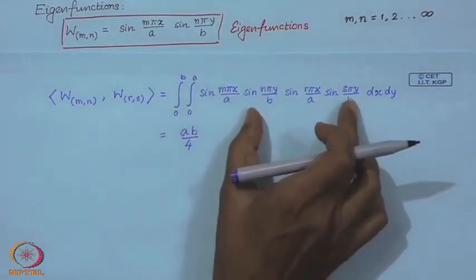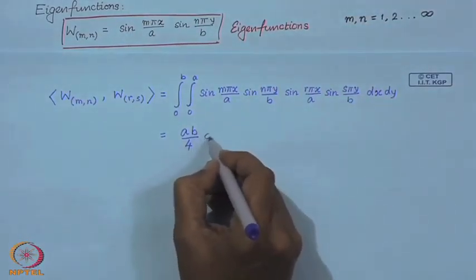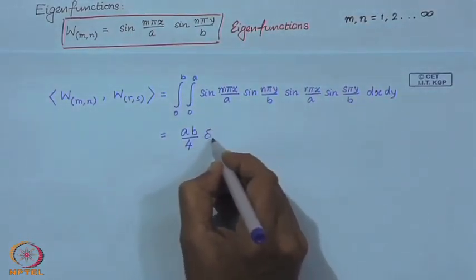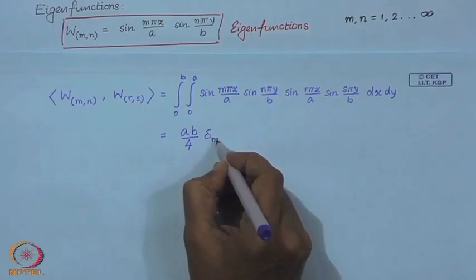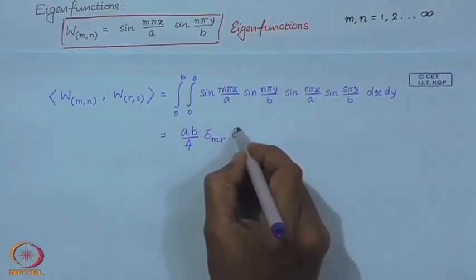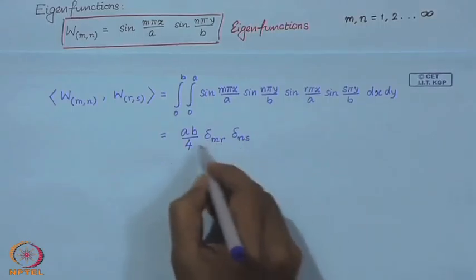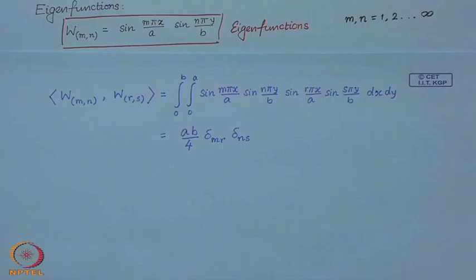Similarly, this is b by 2. So this is ab by 4, but that happens when m is equal to r and n is equal to s. So these are Kronecker delta functions.